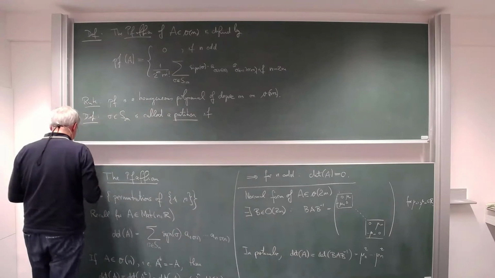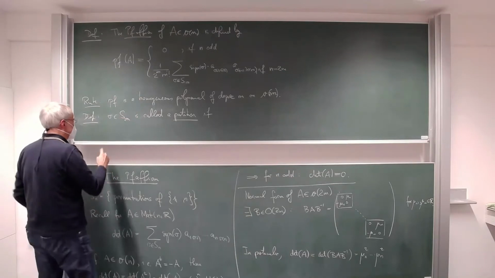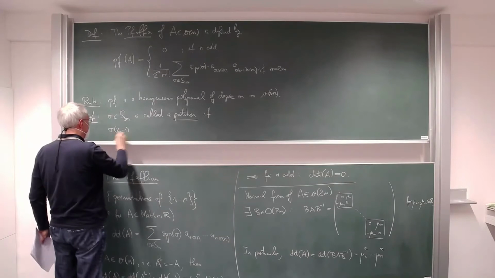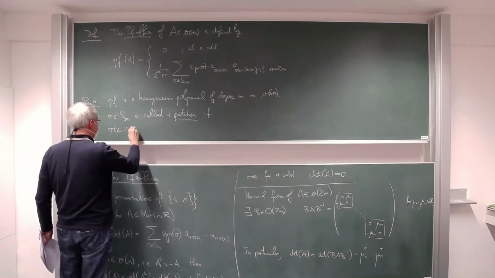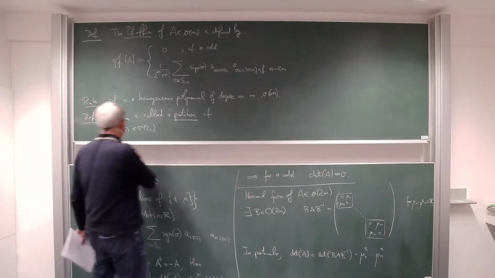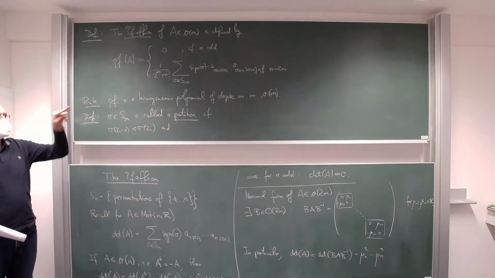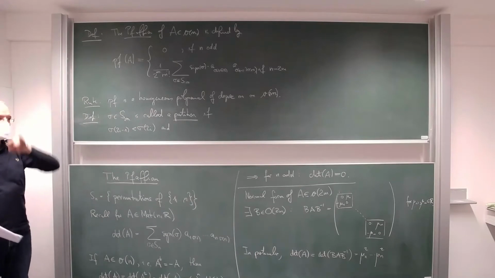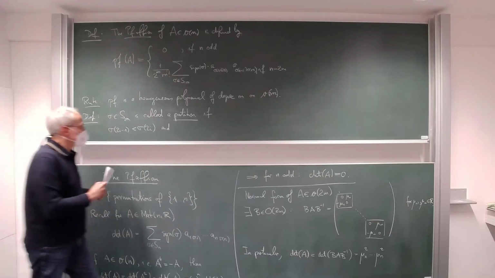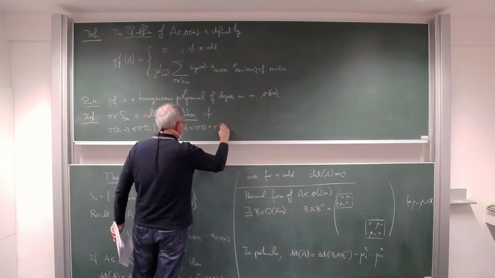We look at its pairs, the first two, the second two, etc. And I always assume that the pair is ordered in the following way, so that sigma of 2i minus 1, the odd case, is always less than sigma of 2i. So that's one condition. Each pair is ordered, and now we order the pairs by the first entry. So we have that sigma 1 is less than sigma 3, is less than sigma 5, etc.